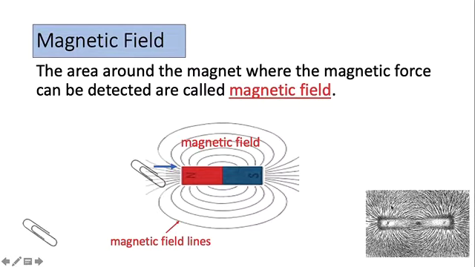Ini ialah corak medan magnet. Okay, so what forms the medan magnet? Apa yang membentuk medan magnet ini is the magnetic field lines. Yang membentuk medan magnet ini ialah garisan medan magnet.